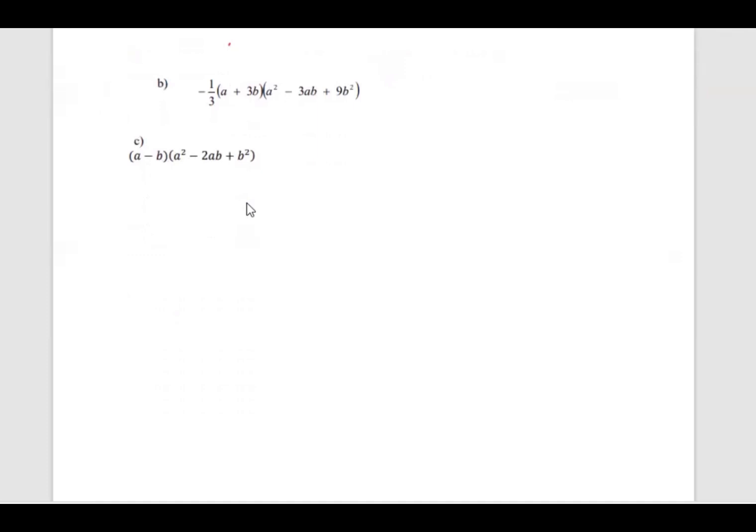All right, let's look at the second one, part B. So we have a monomial, we have a bi, then we have a tri. So I can start with whichever one I want, but I'm going to leave the negative 1/3 outside. I'll use these types of brackets. I'll have my a multiplied by the a squared, that's going to be a cubed.